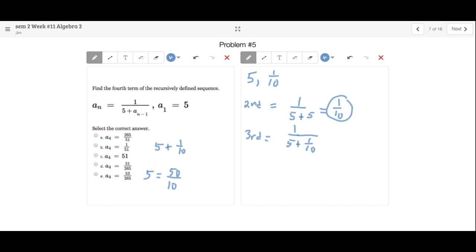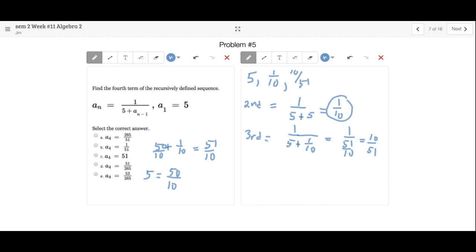So that's why I came up with 50/10 here. So this becomes 51 tenths. That's not my third term because that's 1/51/10. This is a complex fraction. I'm going to flip it over and it becomes 10/51. That's my third term.